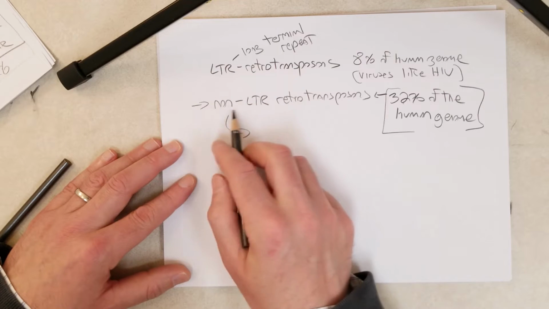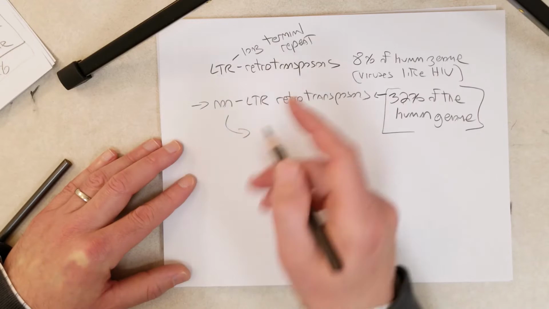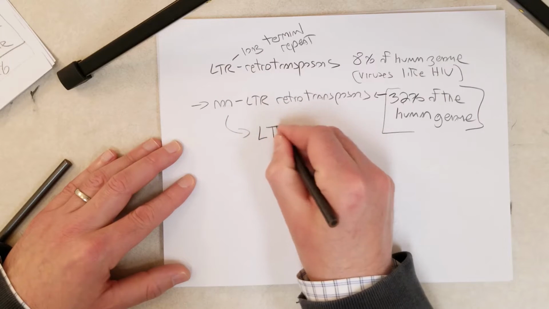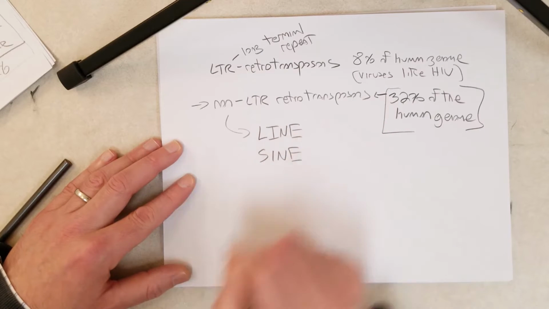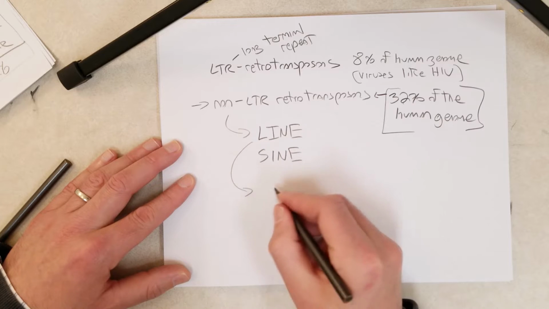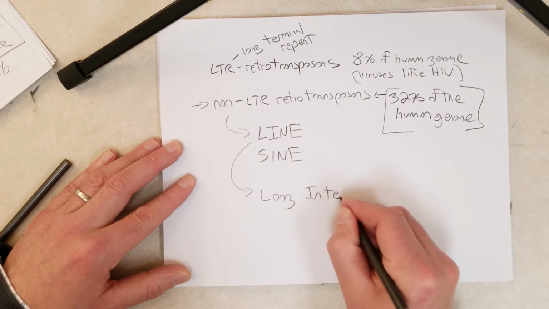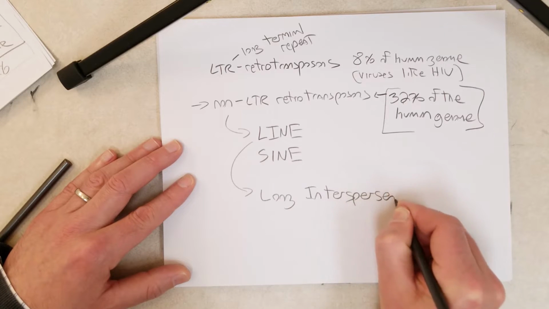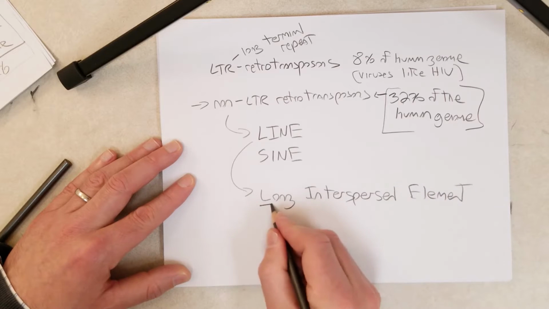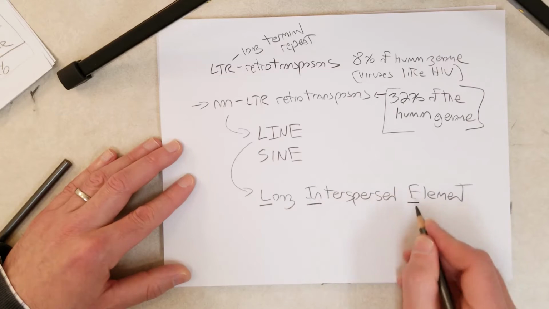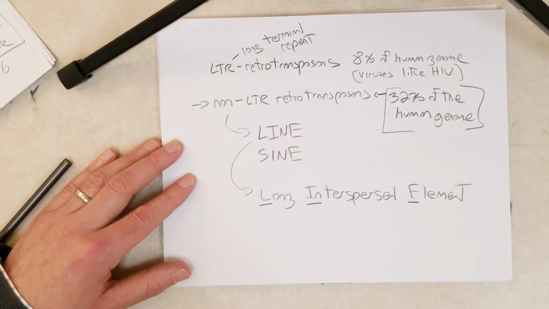There are 2 types of non-LTR retrotransposons that make up most of our genome: LINE elements and SINE elements. LINE stands for long interspersed element. In SINE, can you guess what that stands for?